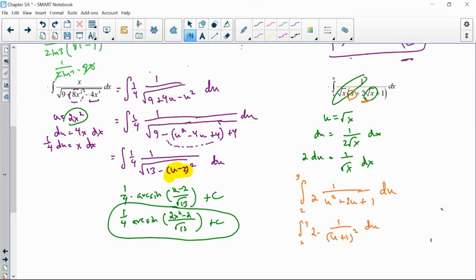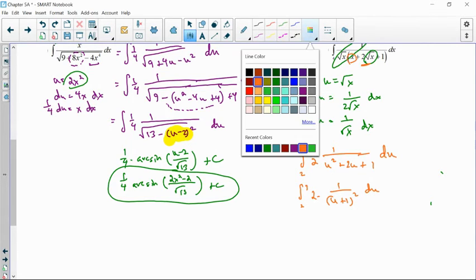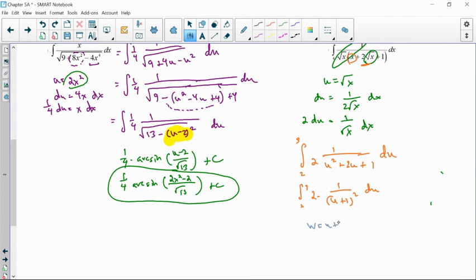So this is not going to be an inverse tangent. It's not even going to be an arc function. It's not going to be a log function because I'm going to do another little substitution. Let's say w equals u plus 1. So dw, any fans of Arthur out there? dw equals just du. So what's going to end up happening here is that you're just going to be integrating 1 over w squared dw.